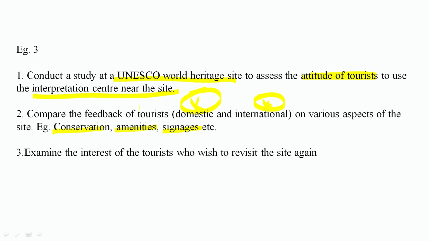And in the last, you can examine whether they have a genuine interest to revisit the site. So, what are the three different areas we are studying here? One is the interpretation center built near the site, the second is the feedback of domestic and international tourists on the amenities and facilities available, and the third one is the interest of tourists to revisit the site.